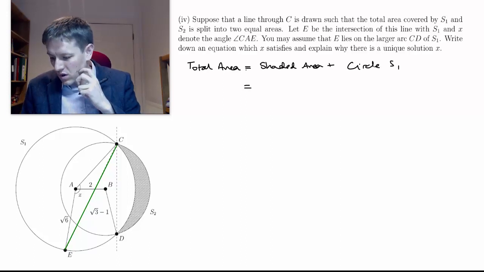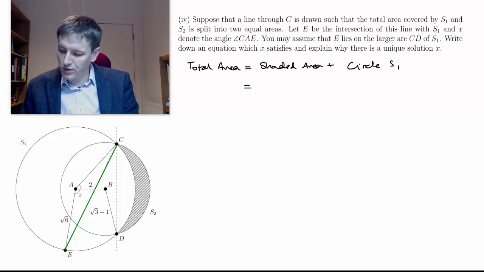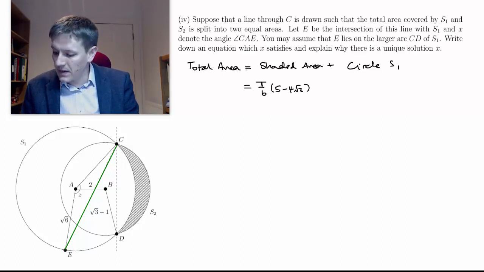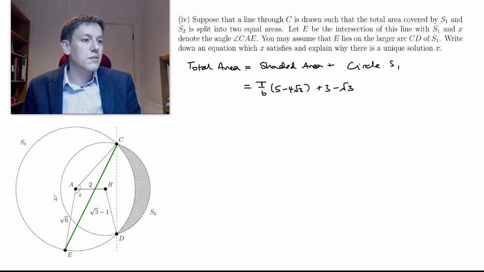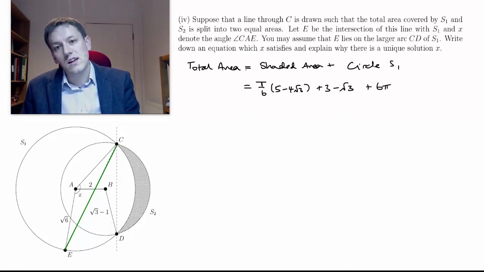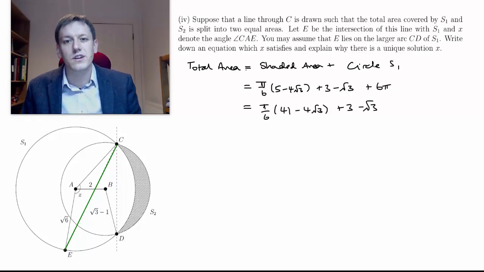The shaded area was equal to pi over 6 times 5 minus 4 root 3 plus 3 minus root 3, and the circle S1 is just pi times root 6 squared, pi r squared, so it's just plus 6 pi. And we might just do what they did in the previous part of the question and bring the pi's together. So 6 pi is 36 pi over 6, so I could put that into the brackets and add 36 to the 5 to get 41. And that's a nice form for the total area.